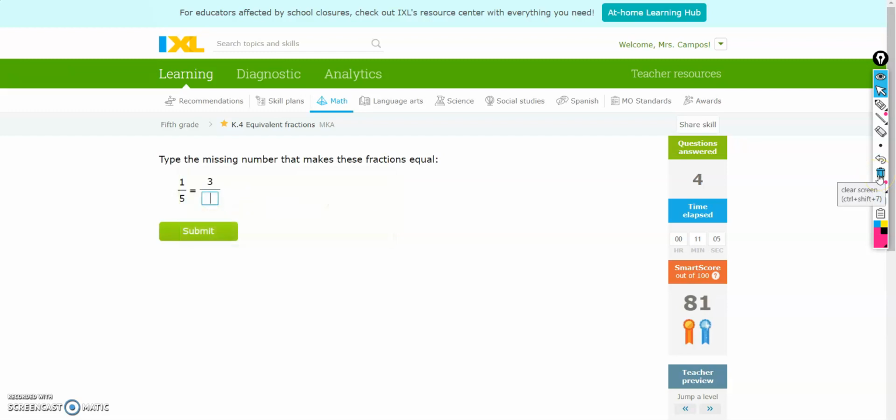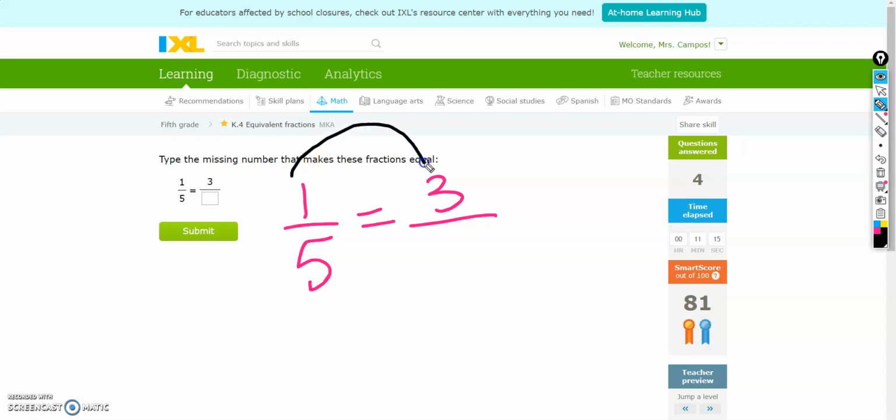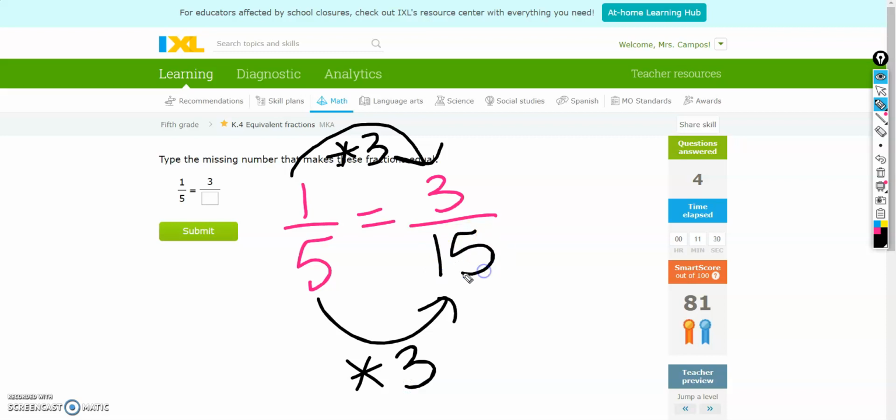Similar problem. 1/5 equals 3 over blank. So I have 1 to 3. It's getting bigger, so I'm going to multiply by 3. So if I do that to the bottom, 5 times 3 is 15.